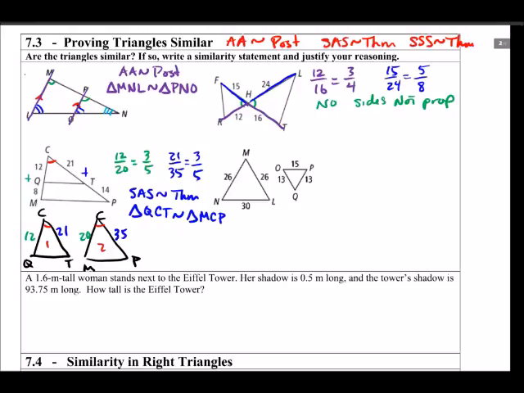Yay! And our last one, no angles, but I see a whole bunch of sides. First thing I'm going to do here is flip my little triangle over so that Q is on top. And if I spin it around, P is here, O is here. You could just flip it over if you want. Doesn't matter as long as everything's in the right spot.